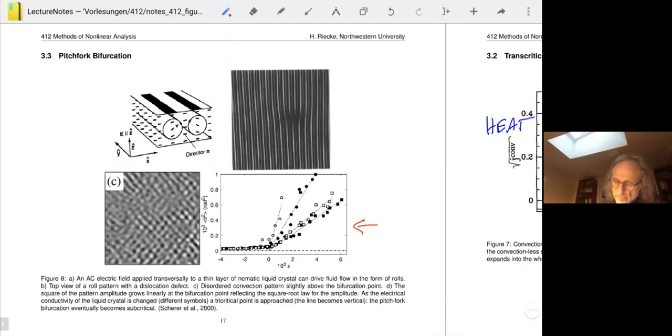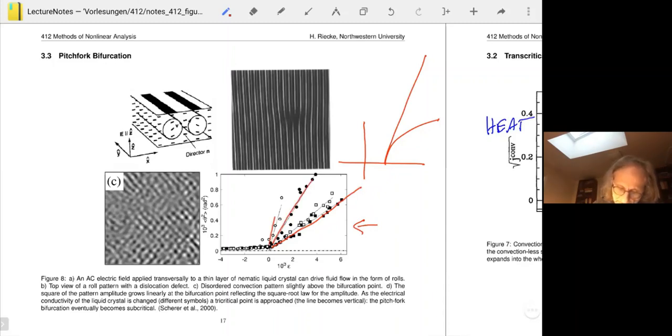And so, remember, if we have a pitchfork bifurcation, then it looks like this. But if you measure the square, then of course the square root becomes a linear function. And so that's what's actually plotted here for different conditions. And so you see that for some conditions, that slope is relatively small. And as you change the electric conductivity of the liquid crystal, the slope becomes larger.